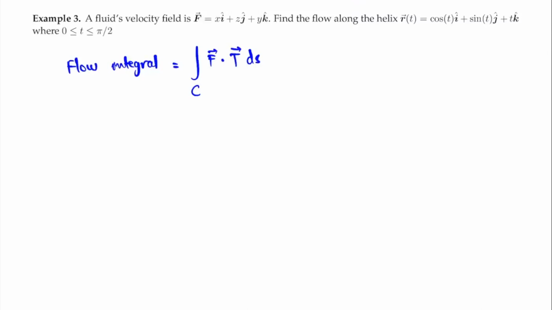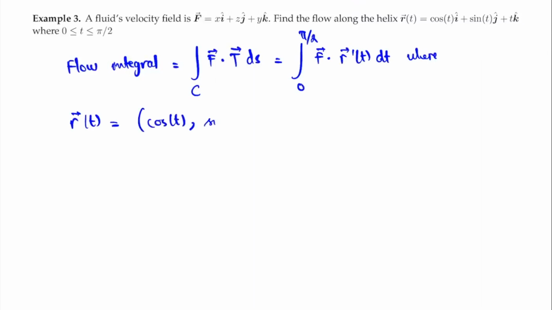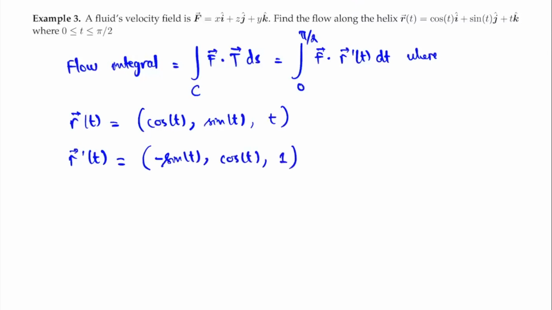Instead we use the definite integral, in this case from 0 to pi over 2 of f dot r prime of t dt, where r of t is equal to cosine of t, sine of t, t, and r prime is negative sine of t, cosine of t, 1.